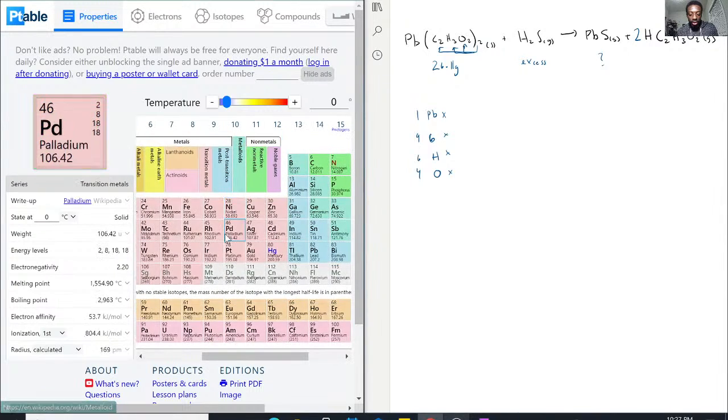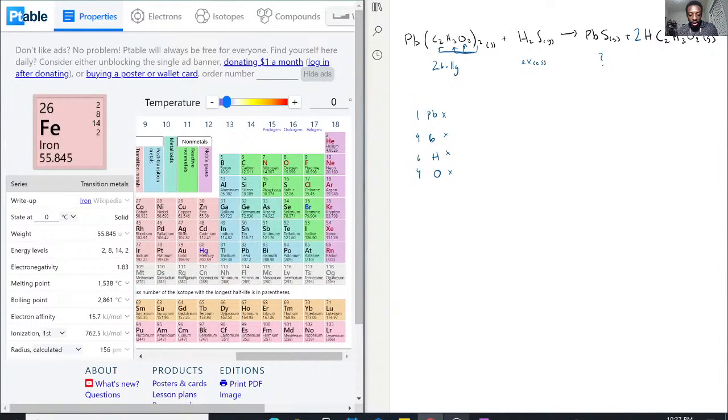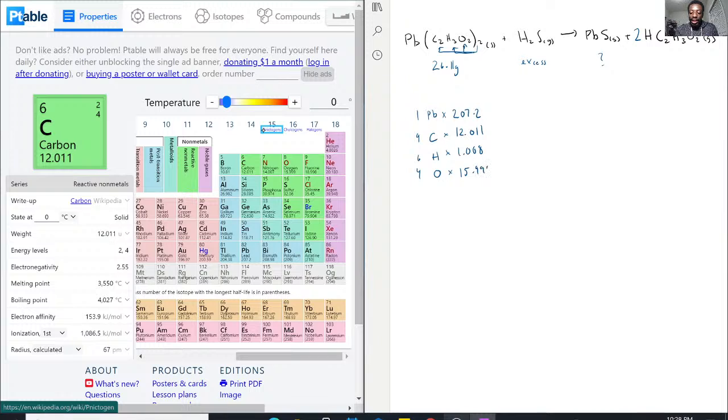Lead is all the way here, 207.2. I don't know why I wrote a 6 there, that should be carbon. 12.011 for carbon, 1.008 for hydrogen, and 15.999 for oxygen. Luckily for us, there's only 1 lead, so that's 207.2.